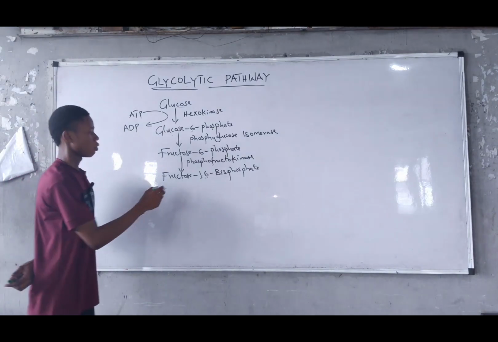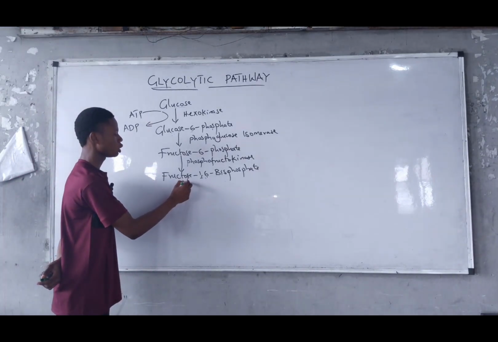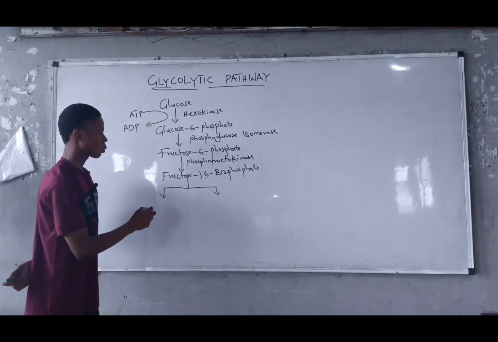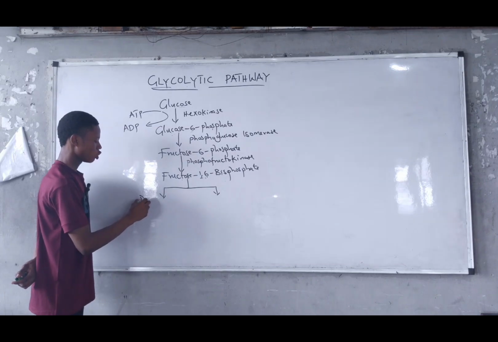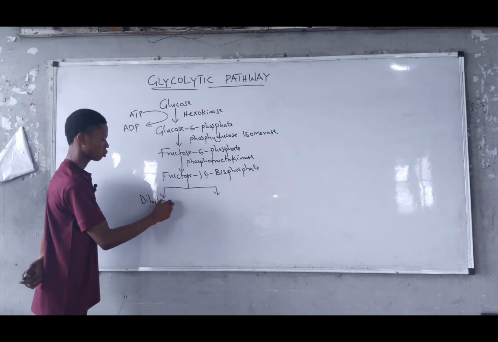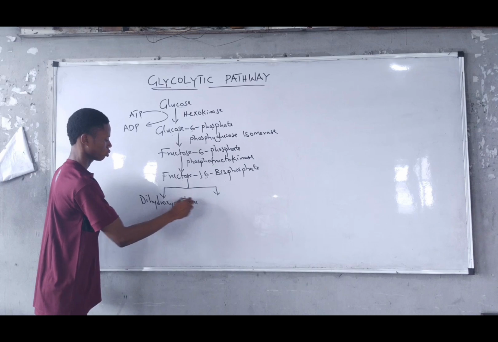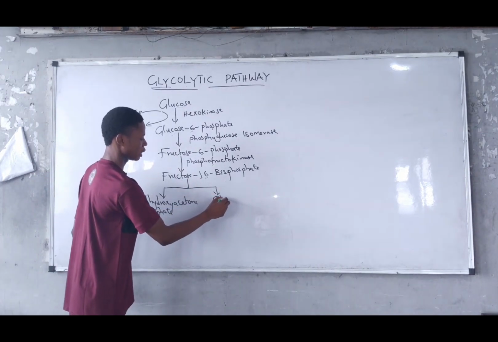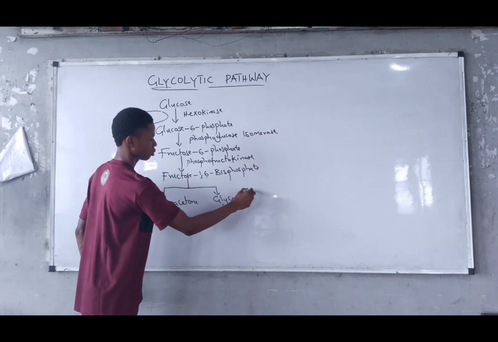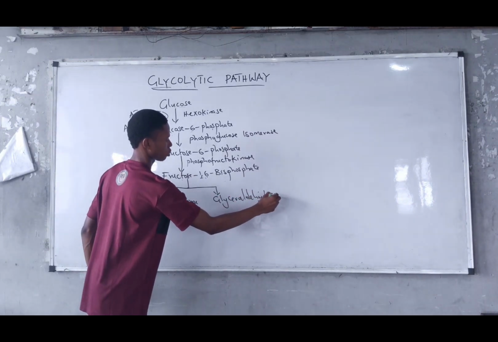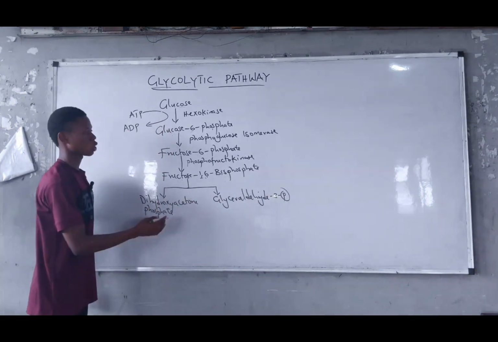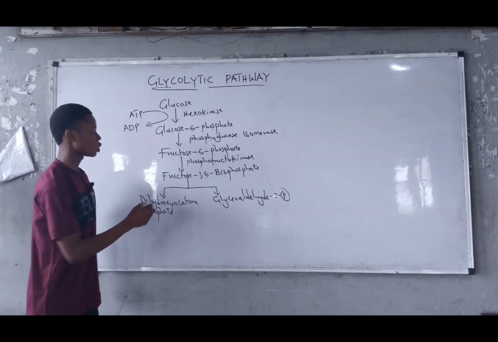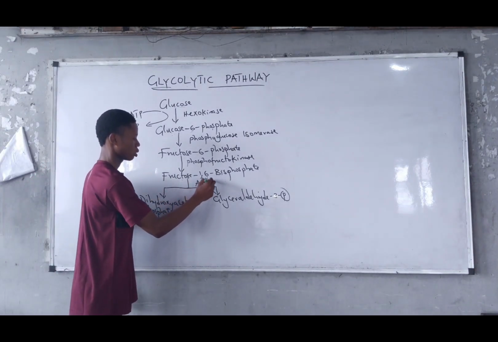Now, at this step, fructose 1,6-bisphosphate is broken down into dihydroxyacetone phosphate and glyceraldehyde 3-phosphate. Now, the name of the enzyme catalyzing this reaction is called aldolase.